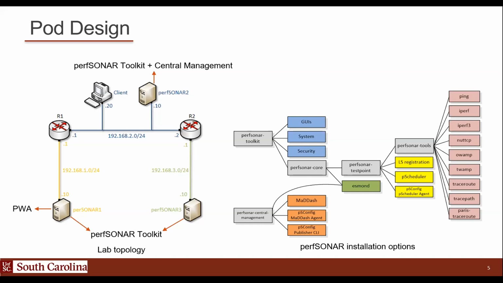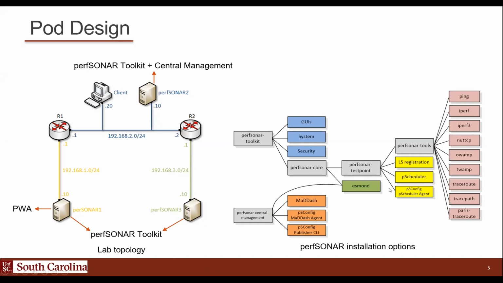To run this lab, we prepare a pod that consists of 6 virtual machines. You can see on the left-hand side, the perfSONAR pod that consists of 3 perfSONAR nodes and 2 routers and 1 client used to manage the nodes. For example, in perfSONAR 1, we have the perfSONAR toolkit and the perfSONAR web administrator. perfSONAR 2 has the toolkit plus the central management that supports MatDash, and perfSONAR 3 has only the toolkit.